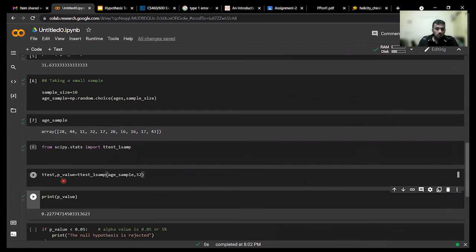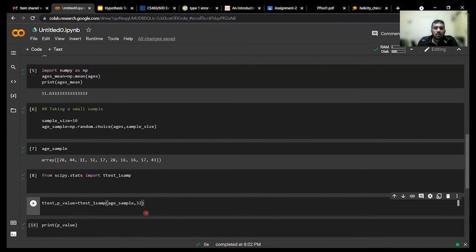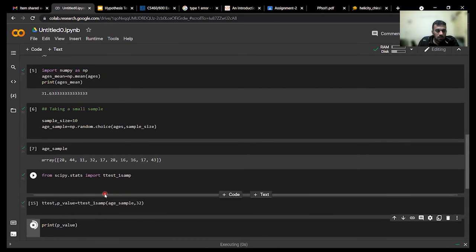What we need is the p-value, and the number 32 means I'm instructing the machine that the population mean we are testing against is close to 32. We run this, and we basically need the p-value as the most important indicator for drawing our conclusions and inferences.